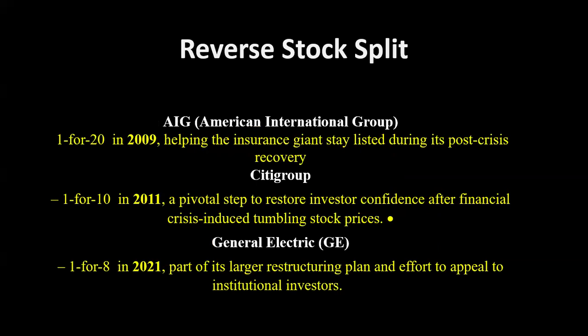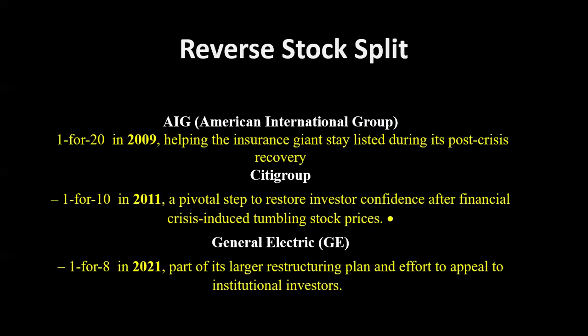Similarly, in the past, American International Group went for a reverse split. Citigroup went for a reverse split in 2011. General Electric in 2021 also went for a reverse split. These are all part of their larger restructuring plans, sometimes to manage the price, always through managing the number of shares.